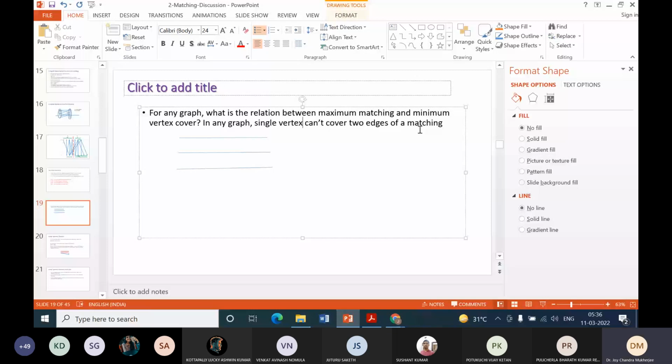It implies that in any graph, the size of the maximum matching is less than or equal to the size of the minimum vertex cover. This is a very important observation.